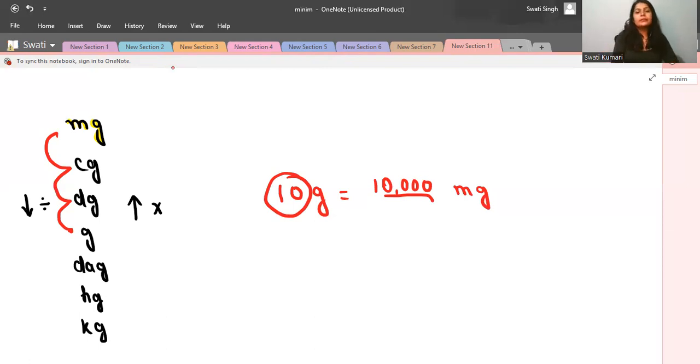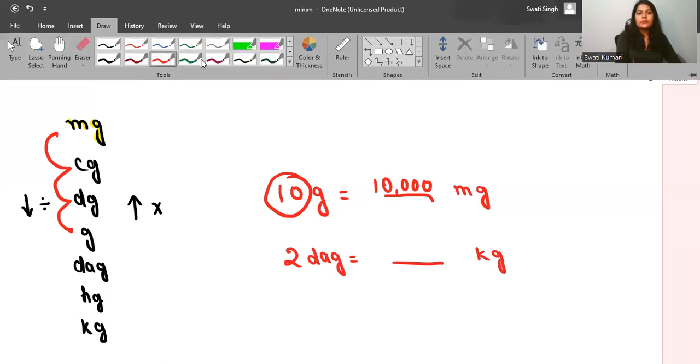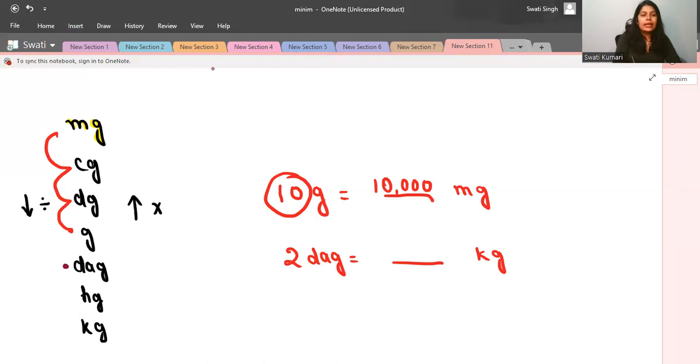And similarly, you can do other questions as well. For example, let us take what is 2 decagram equal to how many kilogram? Here you are standing at decagram and you have to go to kilogram. So 10, 100, you are coming down, correct?